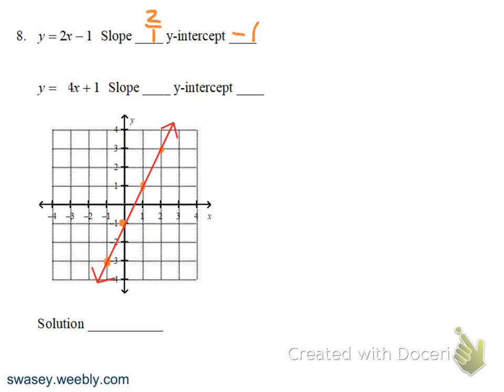Sorry about that, I intended it to be 4 over 1 for the slope, positive 4. Y-intercept of 1, so put a point at 1, go down 4 to the left 1, and you'll see where they intersect.